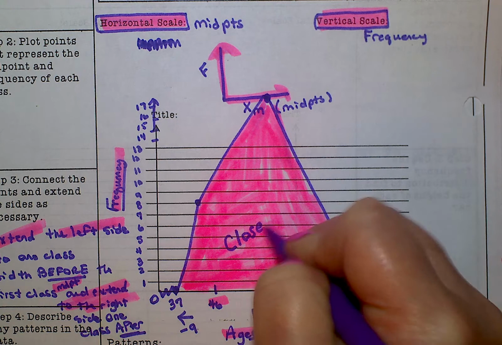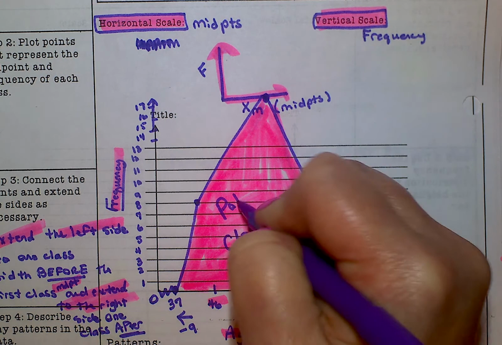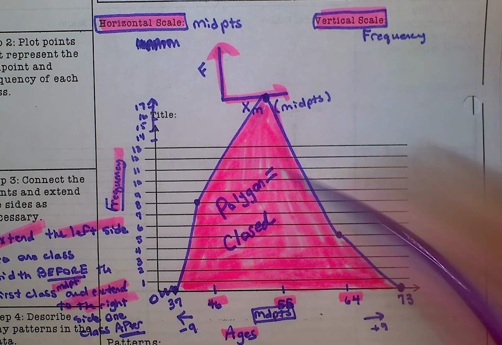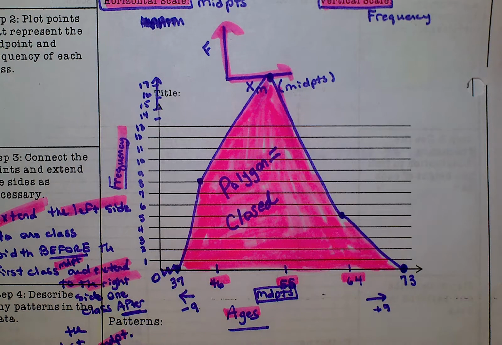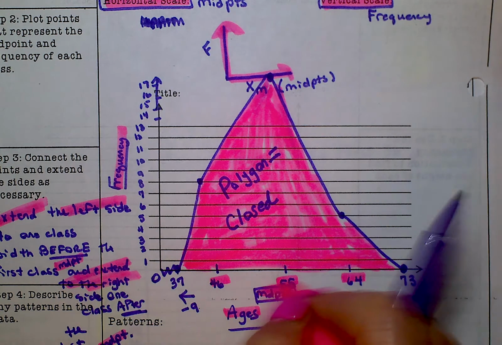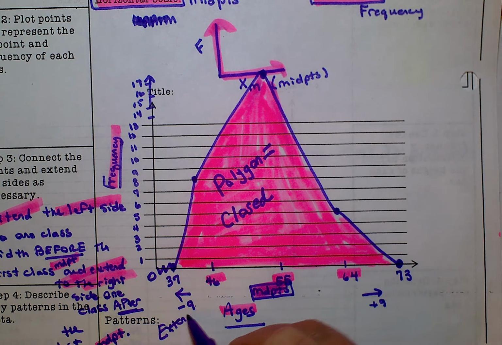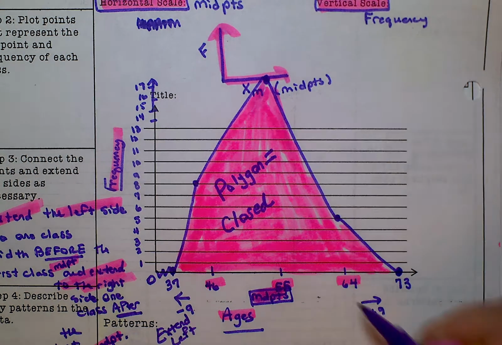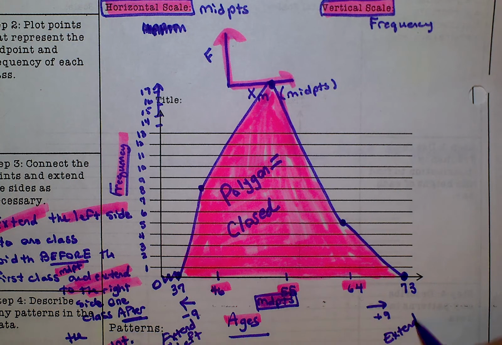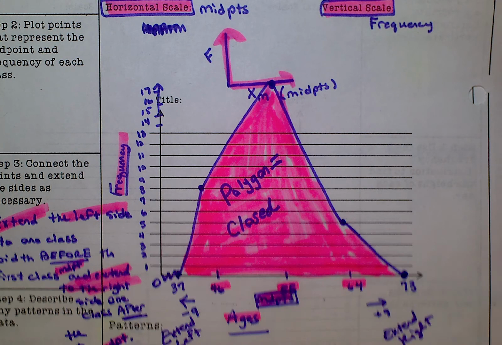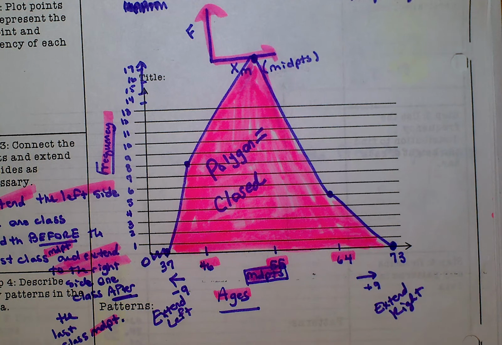This needs to be closed. Polygon. Okay, and make sure you have midpoints and extend. Extend left. Extend right. Okay, ogive open, polygon closed.